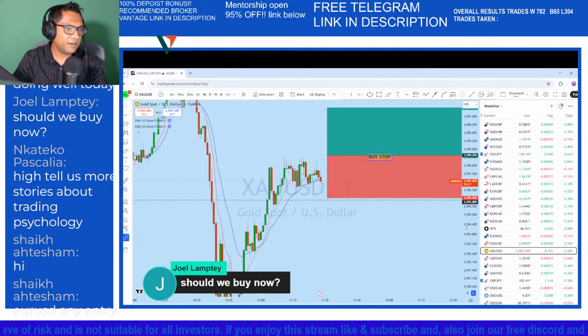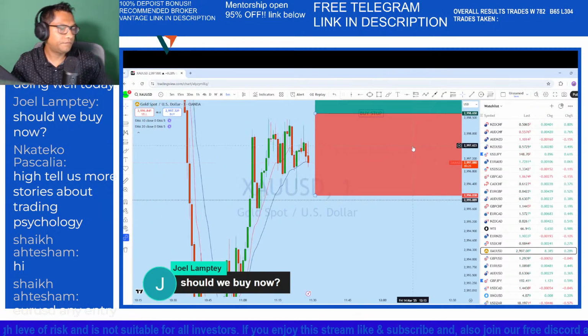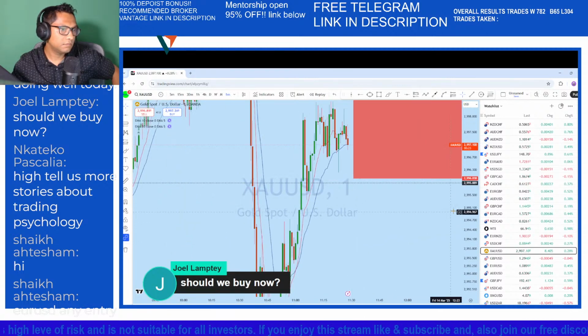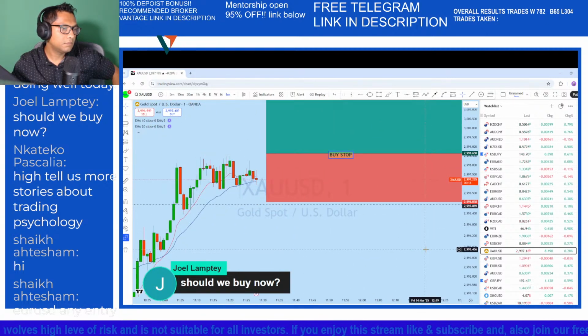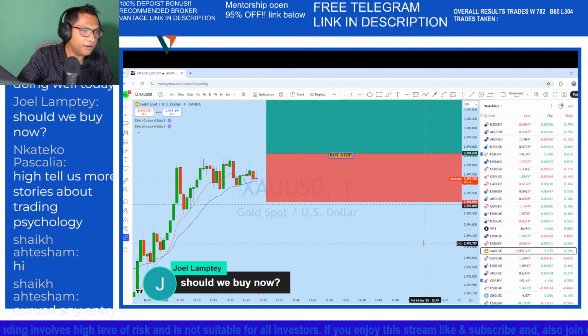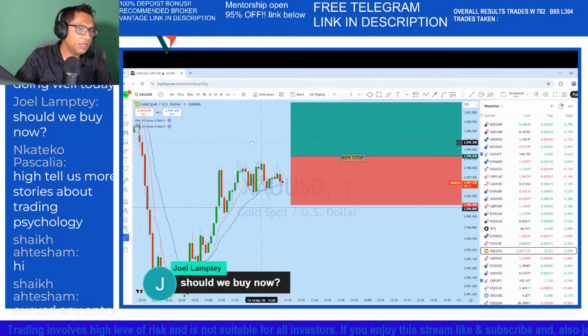What we can see here, so the bulls are buying here. We see that there is a bullish move.